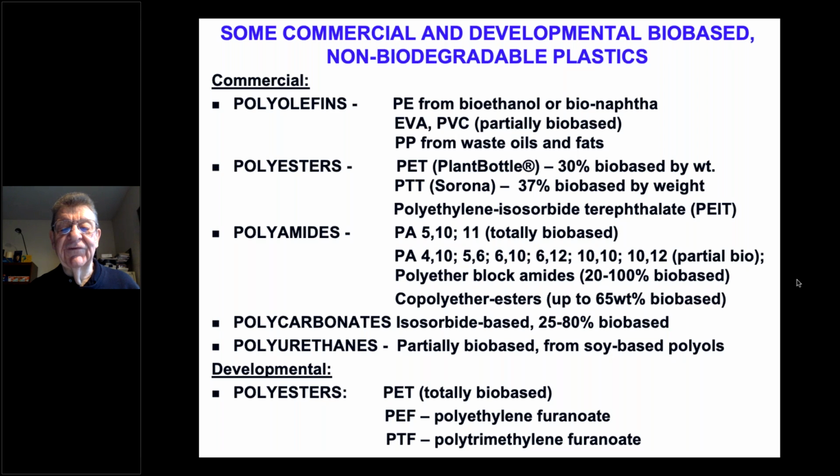Polycarbonates, also isosorbide-based, bio-based ones are becoming available, and polyurethanes, which are partially bio-based using soy-based polyols, or even carbon dioxide-based polyols now, and also isocyanates, which are isosorbide-based. There's a lot of developmental polymers coming along, totally bio-based PET and polyethylene furanoate, for example.